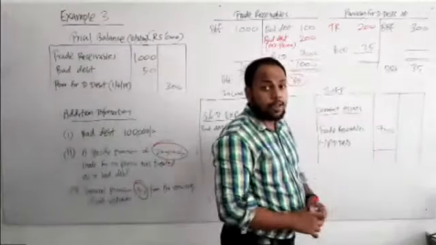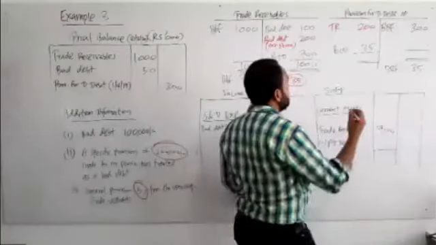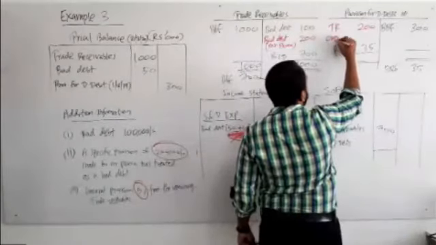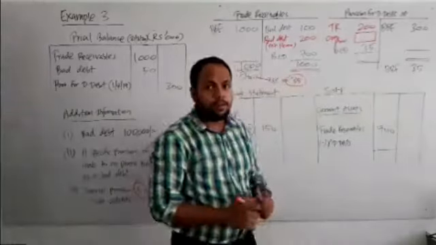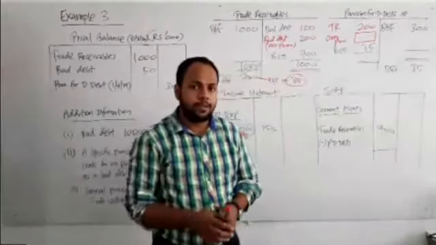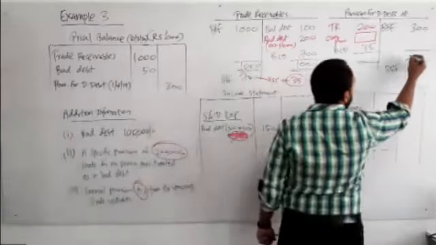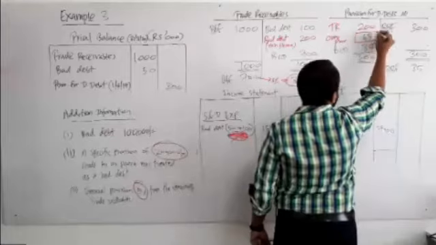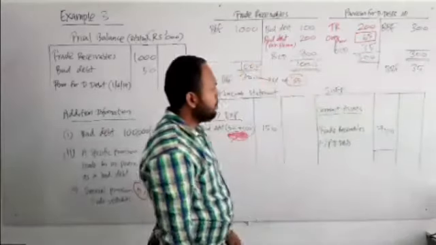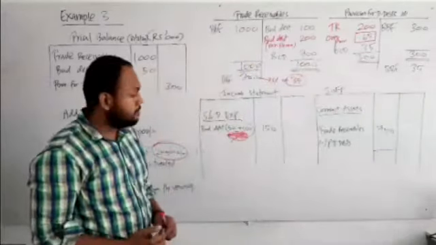Right? So this is an over provision. Over provision is the difference, 100 minus 35. If you take the difference in this account, you get the over provision of 65.